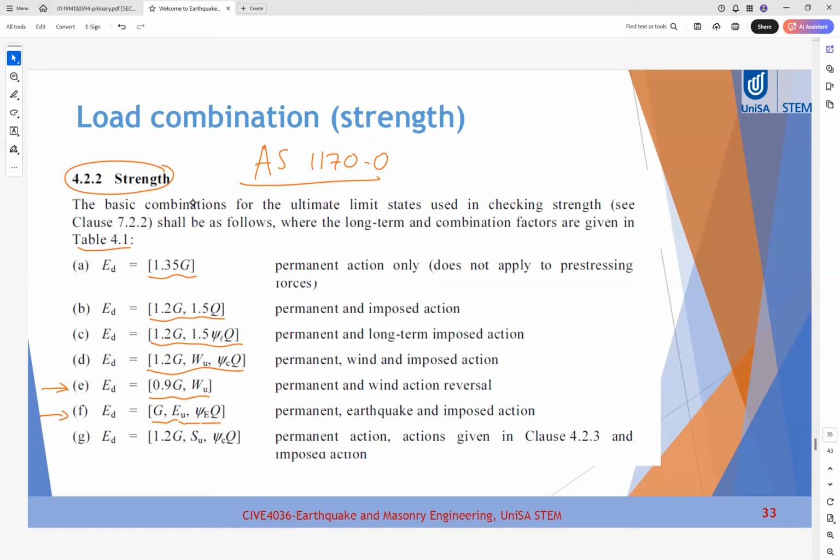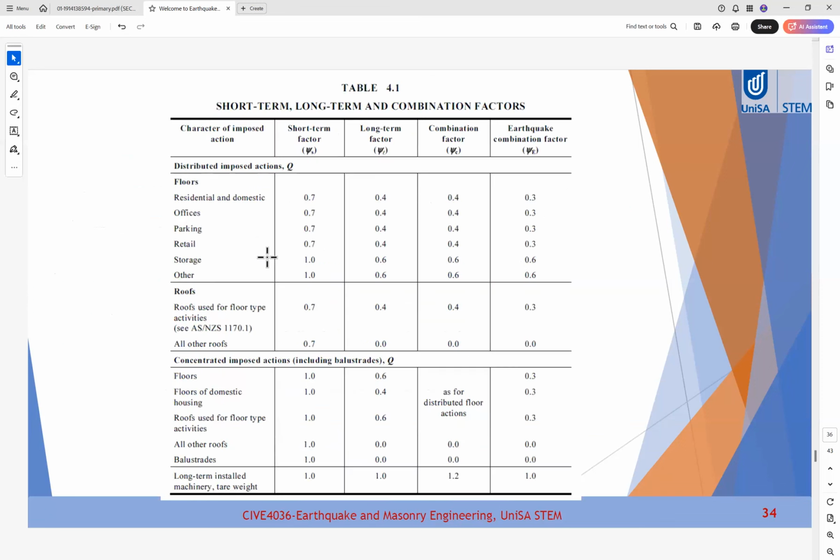So we have 5 or 6 of them. This for G, this for live load Q, this for Q as well, this for wind, this for wind uplift, this for earthquakes. So these are the load combinations for strengths, and these are the short-term and long-term factors, psi.